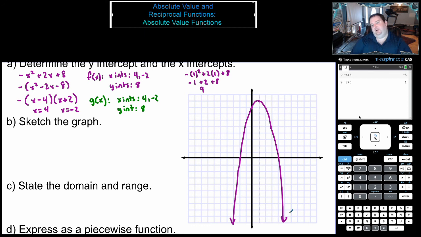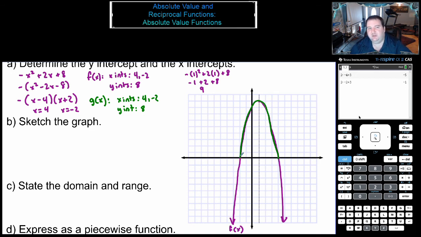That looks pretty good. Okay, and this is my f of x. So what does my g of x look like? Well, my g of x looks identical when the y values are positive. So my g of x looks identical when my x values are positive, which means those ones are all the same. And when they're negative, they get reflected.